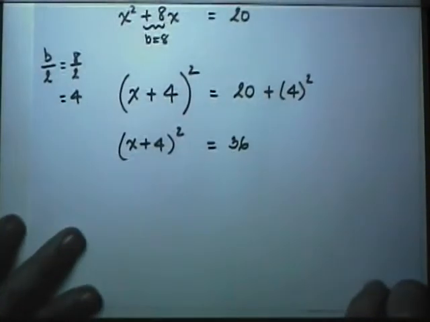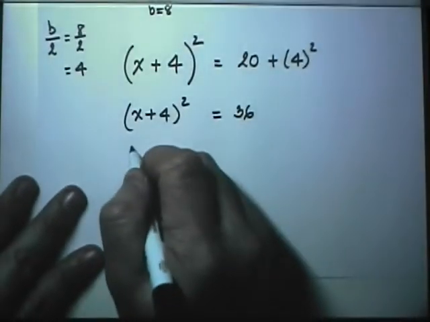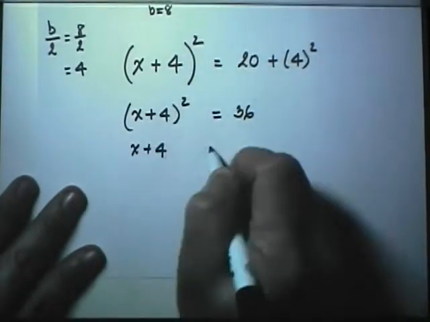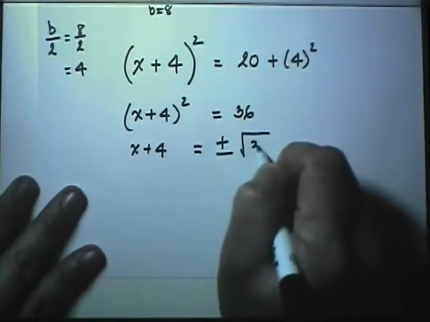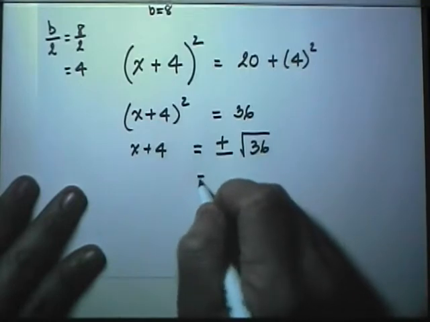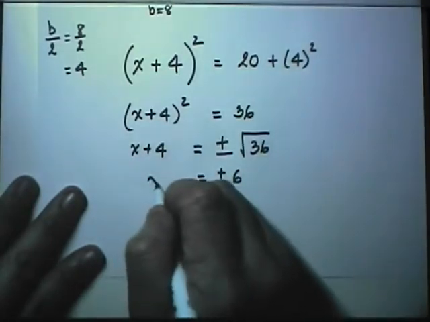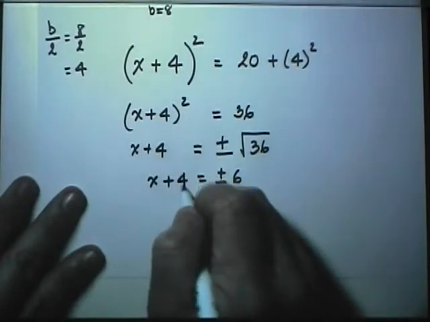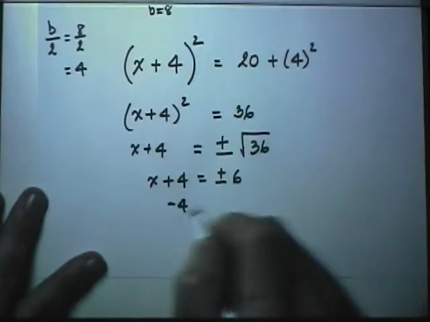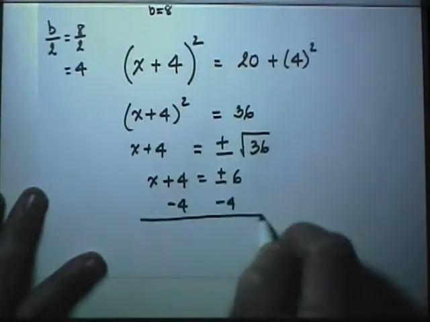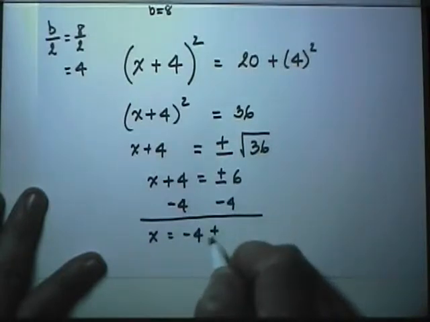Using the square root property, I have x plus 4 equals plus and minus the square root of 36, and the square root of 36 is 6. So I have plus and minus 6. To solve for x, subtract 4 from both sides.